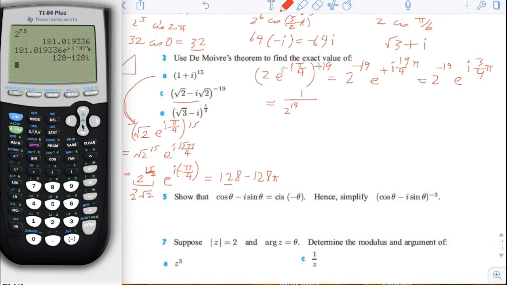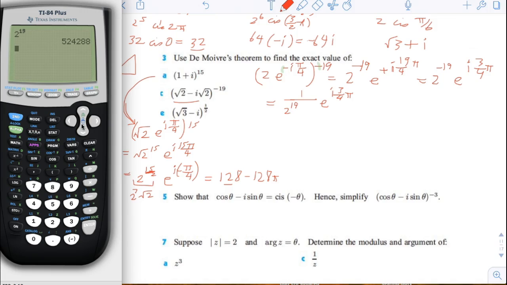Okay, I made the 2 to the negative 19th into 1 over 2 to the 19th. That, I have no idea how much that is. 524,288.